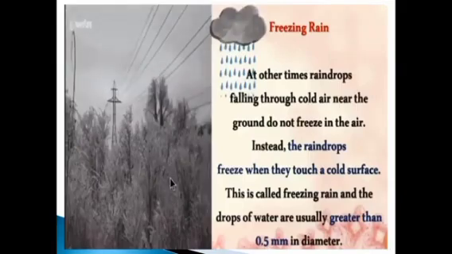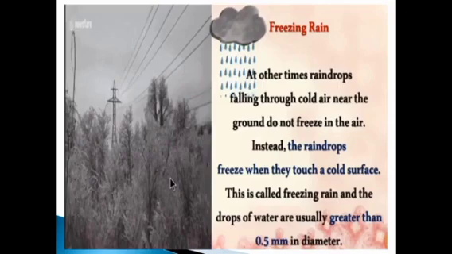At other times, raindrops falling through cold air near the ground do not freeze in the air. Instead, the raindrops freeze when they touch a cold surface. This is called freezing rain, and the drops of water are usually greater than 0.5 millimeter in diameter.